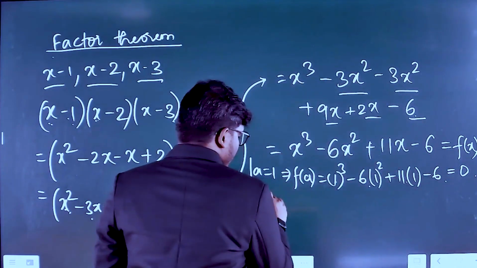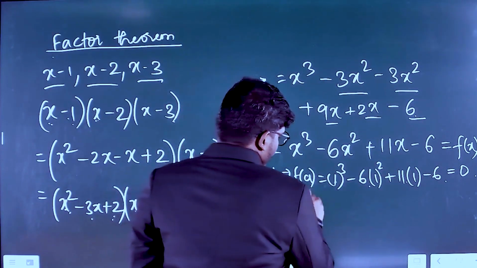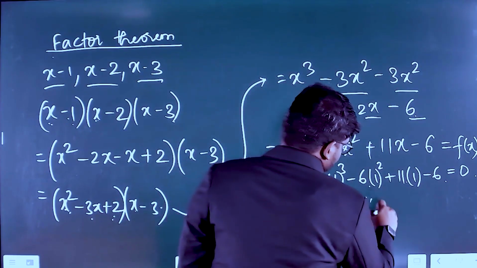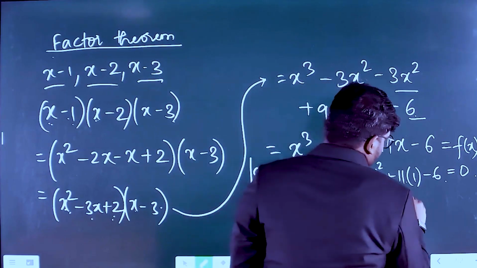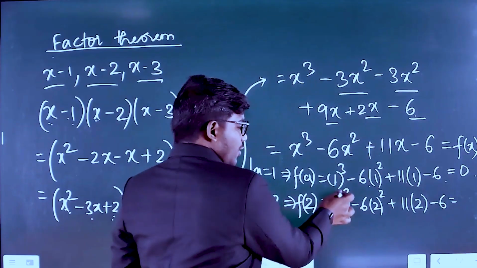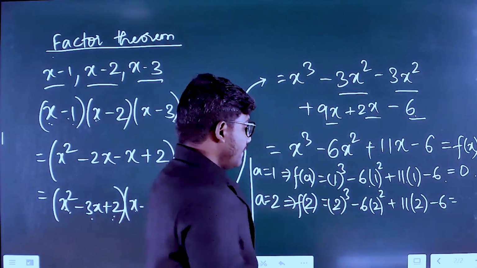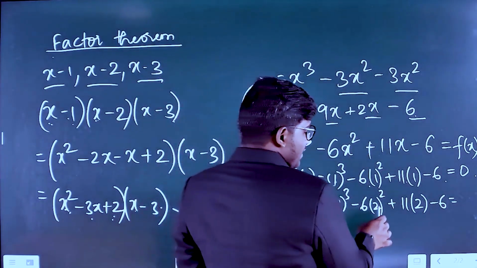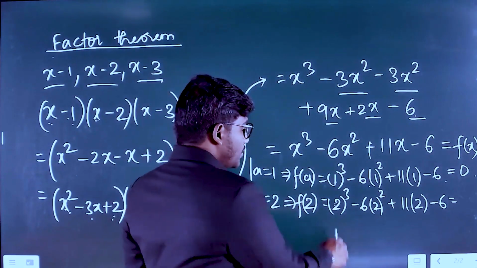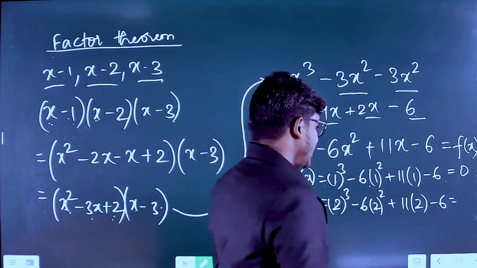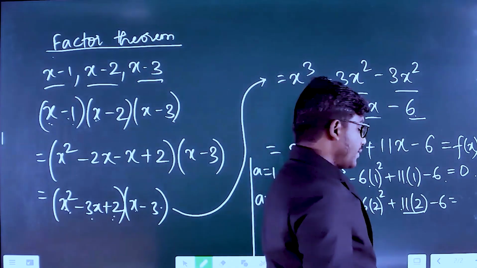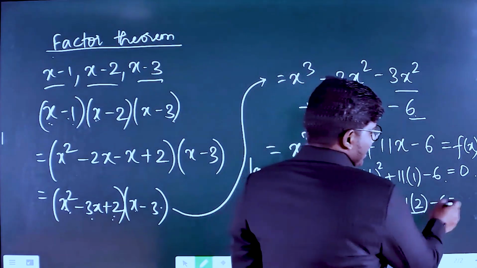If a is equal to 2, f of 2 will be 2 cube minus 6 times 2 square plus 11 into 2 minus 6. 2 cube is 8, 8 minus 6 into 2 square is 4. So 6 into 4 is 24. So 8 minus 24 is minus 16. Minus 16 plus 11 into 2 is 22. So 22 minus 16 is 6. 6 minus 6 is 0.